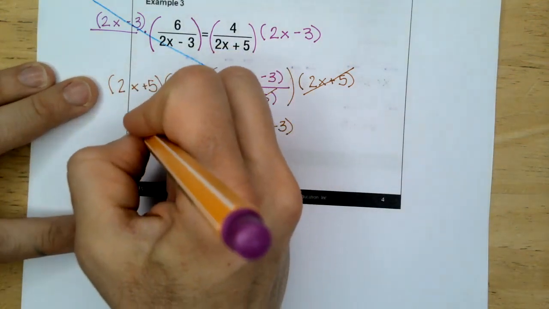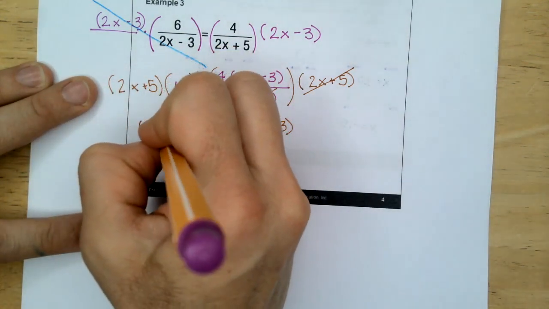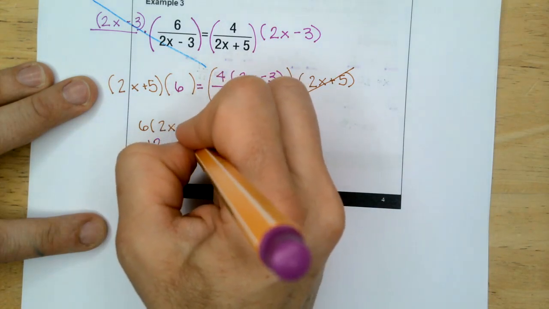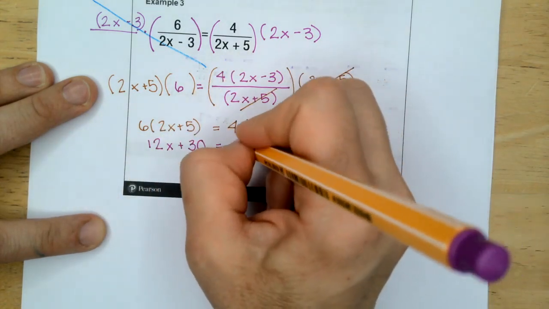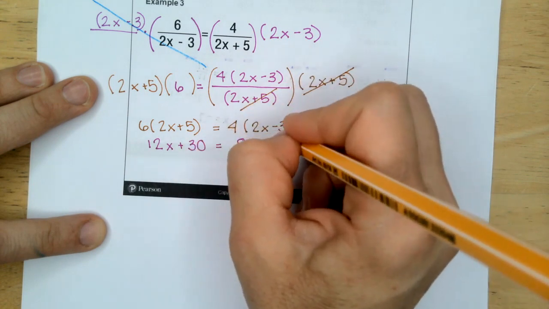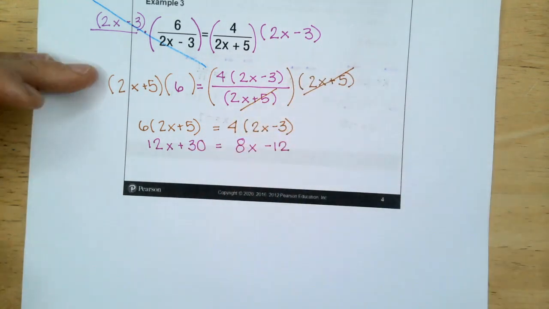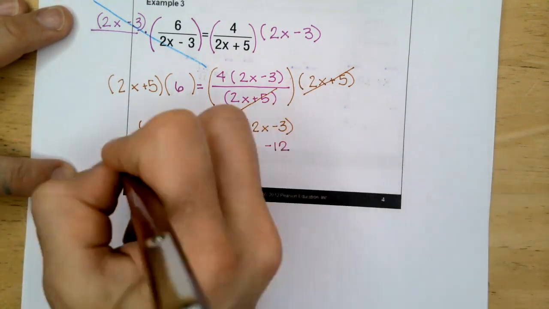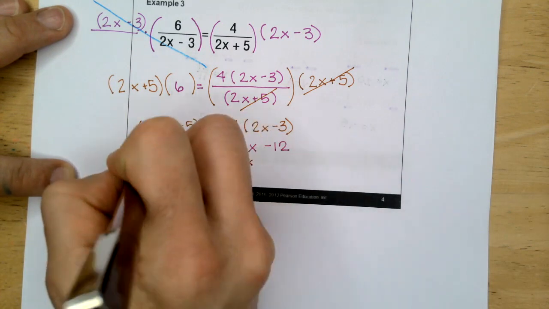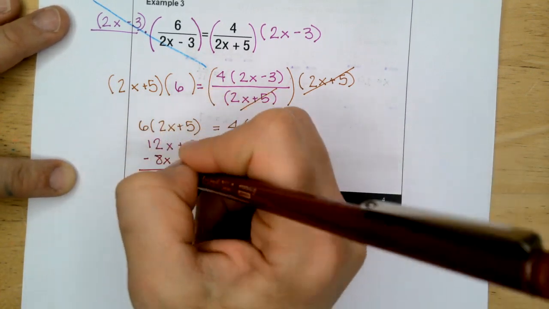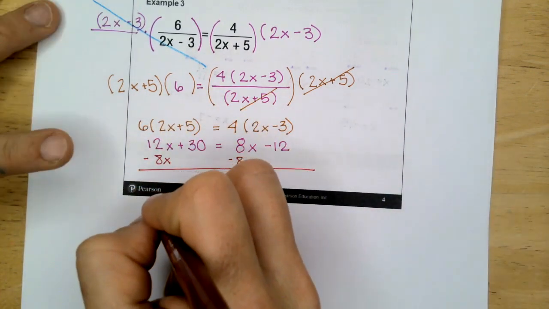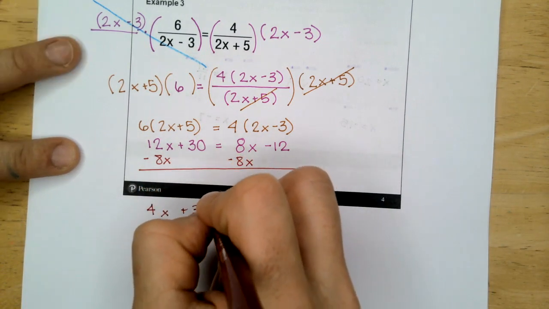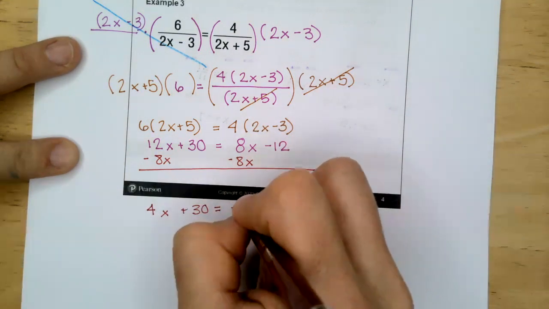I just distribute the 6. 6 times 2x is 12x. 6 times 5 is 30. 4 times 2 is 8x. 4 times a negative 3 is a negative 12, right? I'm going to move my 8x over because 12 is bigger. 12 minus 8, 4, right? 4x plus 30 is negative 12.